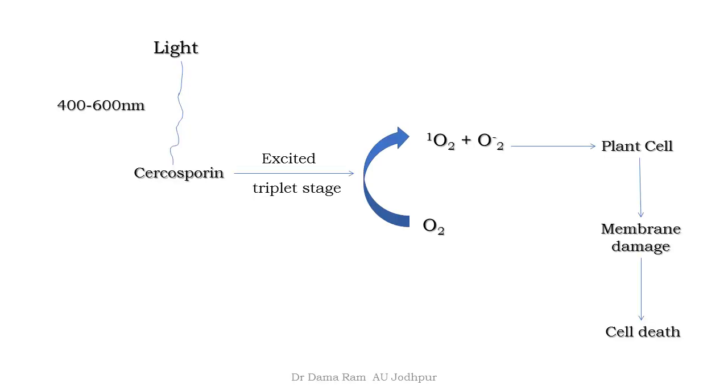Initially it absorbs light of 400 to 600 nm and converts into the active cercosporin toxin. It means in dark condition it is inactive, or non-toxic. After absorbing light, it is excited to the triplet state, and the oxygen breaks into two radicals, active oxygen, that is singlet oxygen.